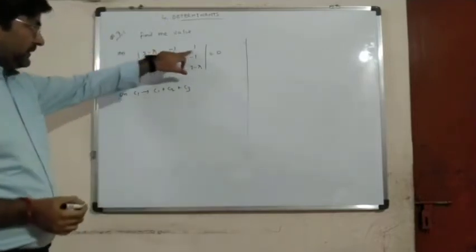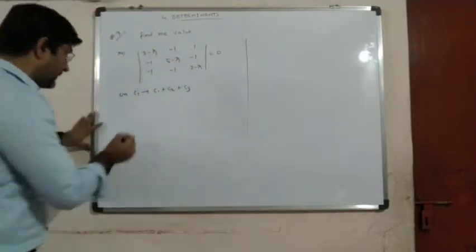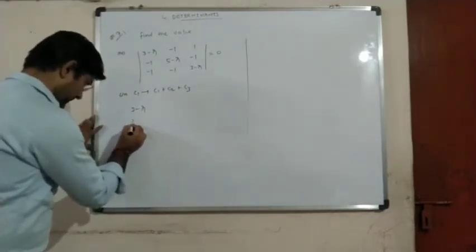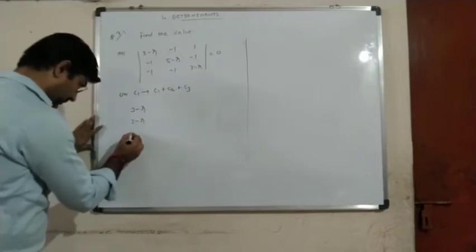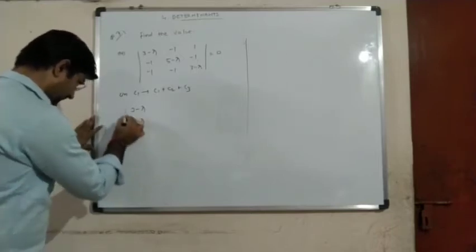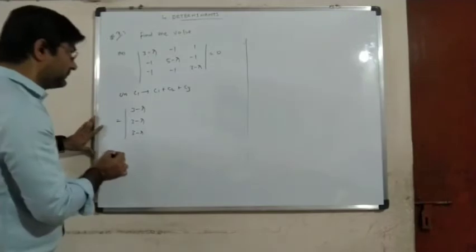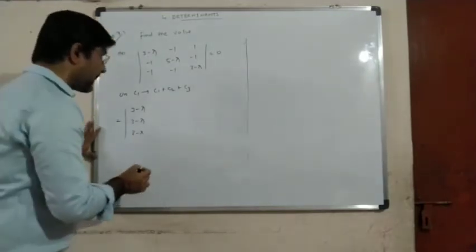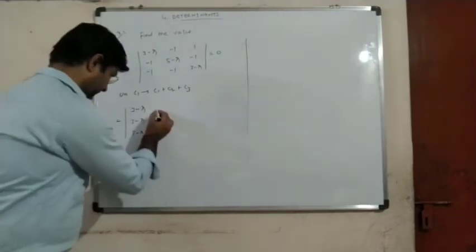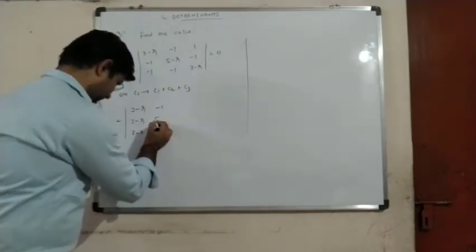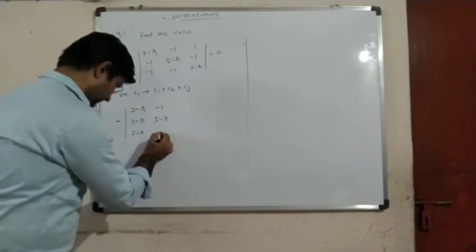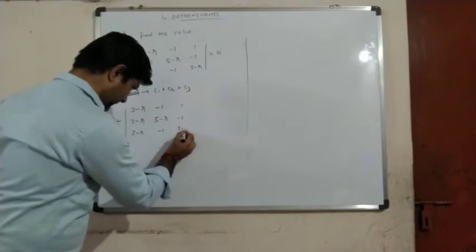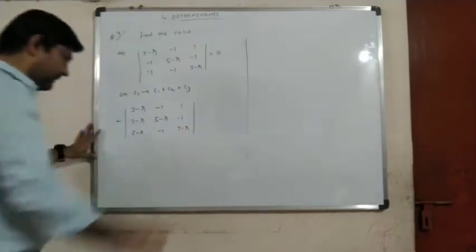So 1 minus 1 will be 0, so we are left with 3 minus lambda. Similarly you will notice that in each column we are getting 3 minus lambda in the first column. Yes or no? Then the second column will be minus 1, 5 minus lambda, minus 1, and the third 1, minus 1 and 3 minus lambda.